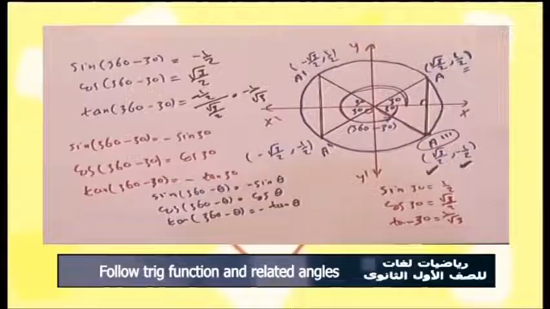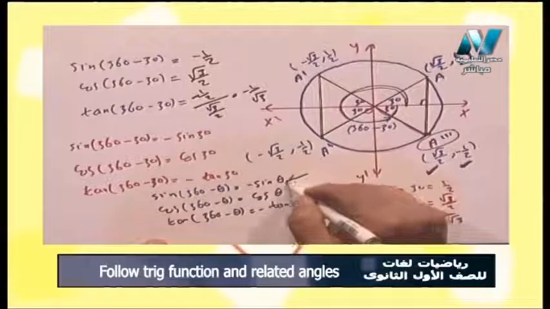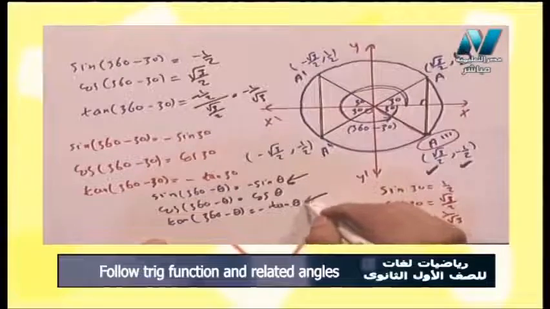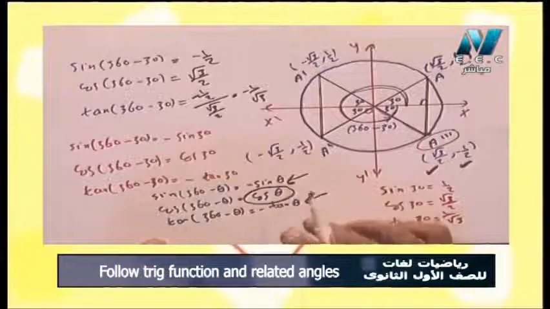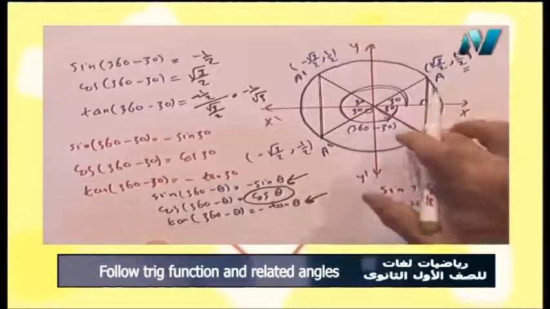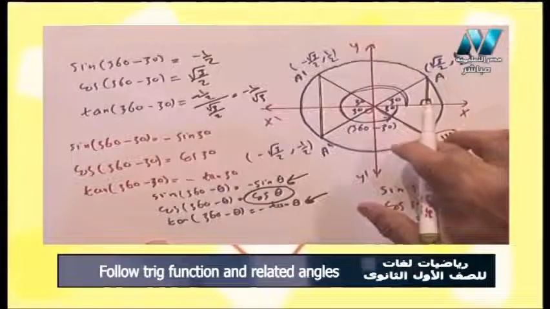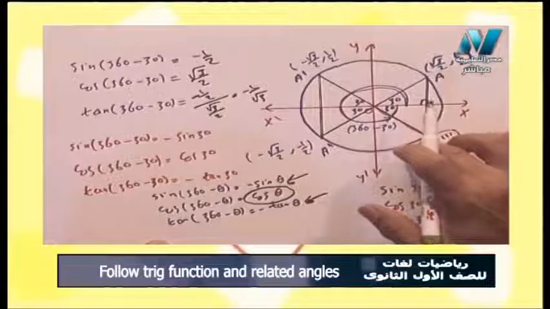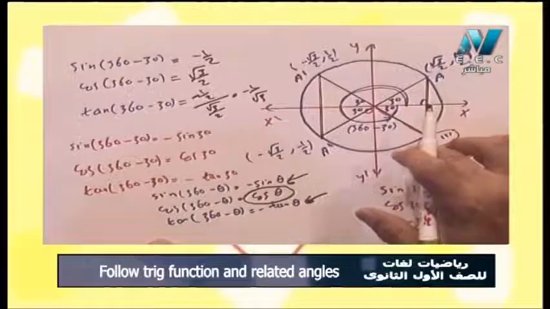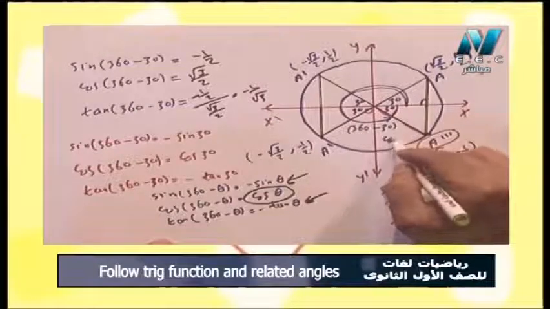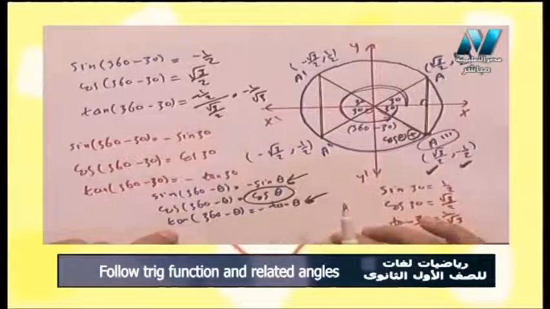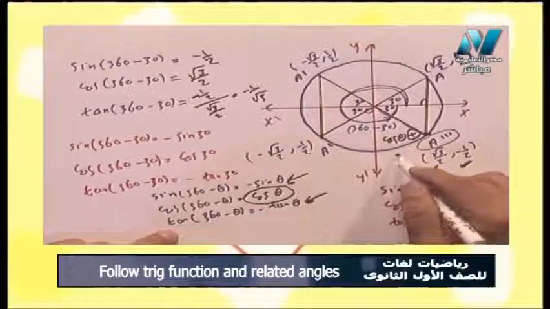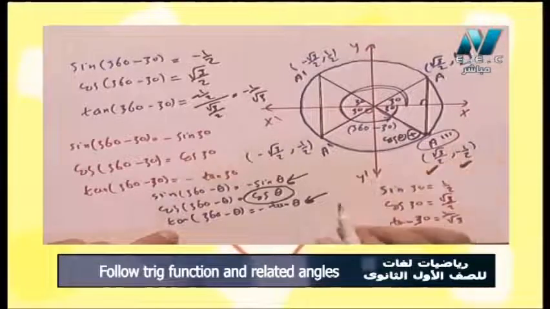And notice that sine is negative here, tan is negative, but cosine is the only function which is positive. Where? They are here in the fourth quadrant. So concentrate well. We have cosine theta here will be positive, and tan and sine will be negative.